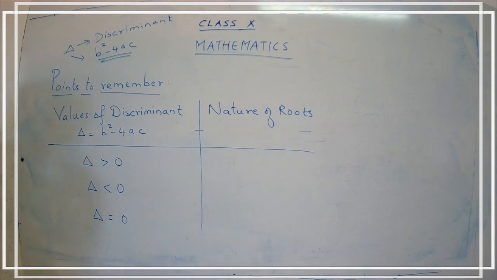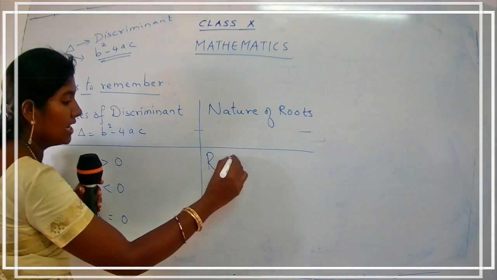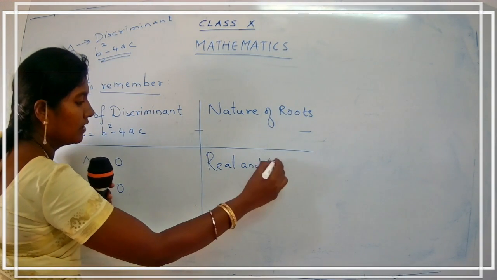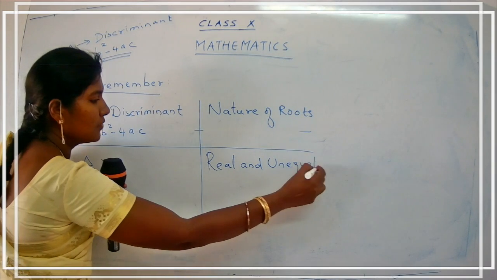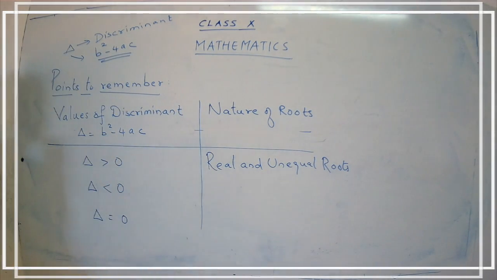Okay, if delta is greater than 0, you get real and unequal roots. Remember this condition, children? This is a very important thing you are going to remember. So if the value for delta is positive, you get the nature of roots as real and unequal.